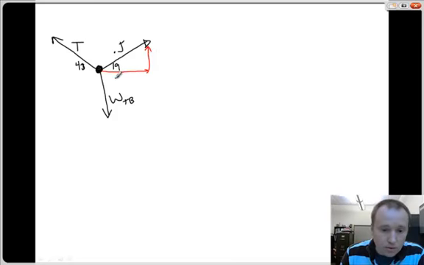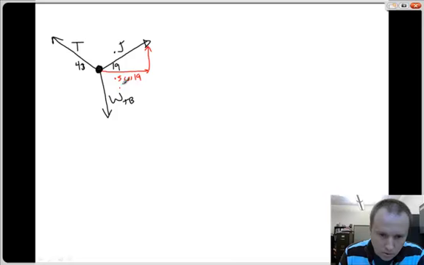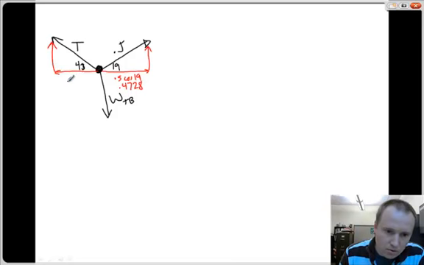So this is going to be 0.5 cosine 19. Shove it in the calculator, I get 0.728. And like we saw yesterday, if that's my horizontal force to the right, horizontal force to the left is 0.4728.